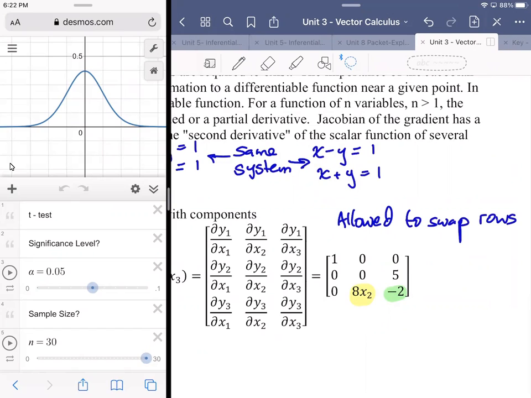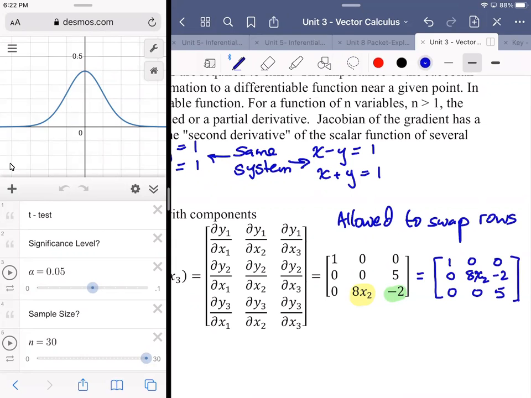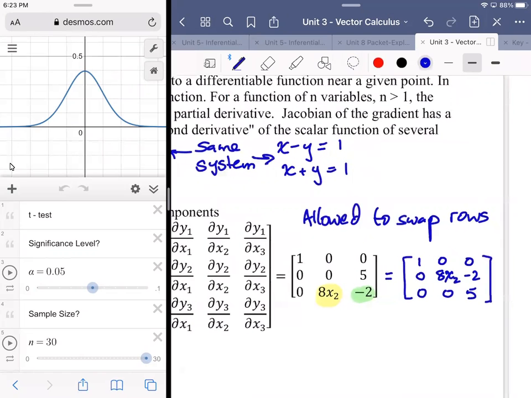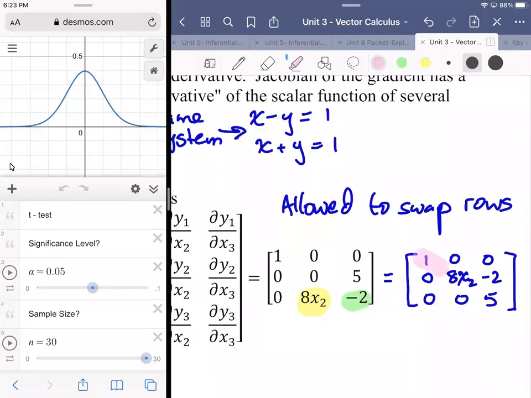So what I could do is rewrite this as 1, 0, 0, 0, 8x2, negative 2, and then 0, 0, 5. The benefit of writing it that way is that what I've created is a triangular matrix. This is upper triangular. We talked about this as the case where you use the main diagonal as a line of demarcation.